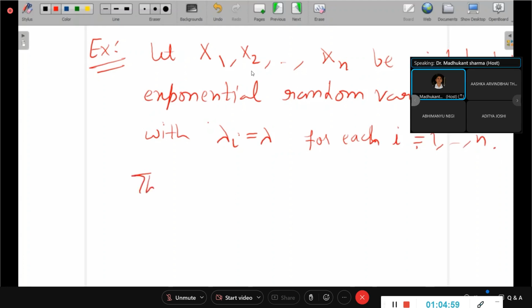Then their sum, x1 plus x2 plus and so on xn, will follow the gamma distribution with parameter n comma lambda. Alpha equals n and lambda equals lambda.